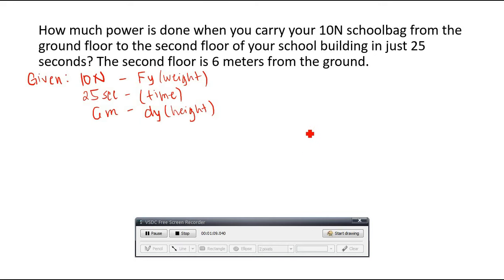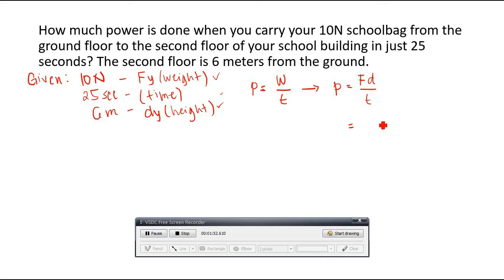Now since we have multiple given values here, we can still use this formula. P is equal to work over time, but since we don't have work, we can use the second formula. Instead of work over time, you can say P is equal to Fd over time, because you have your force, you have your dy, and you have your time. So we can use this formula. First, we can now solve for it.